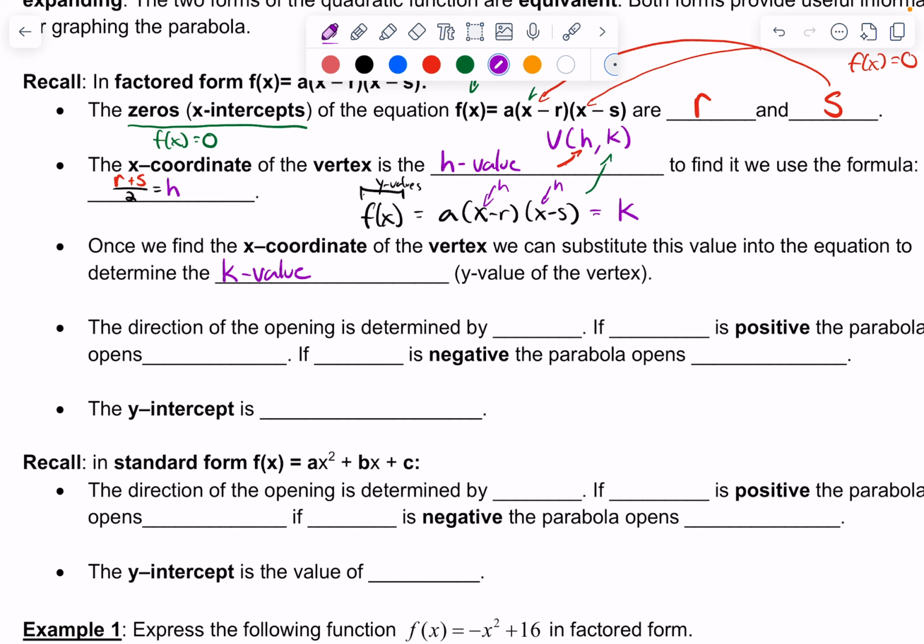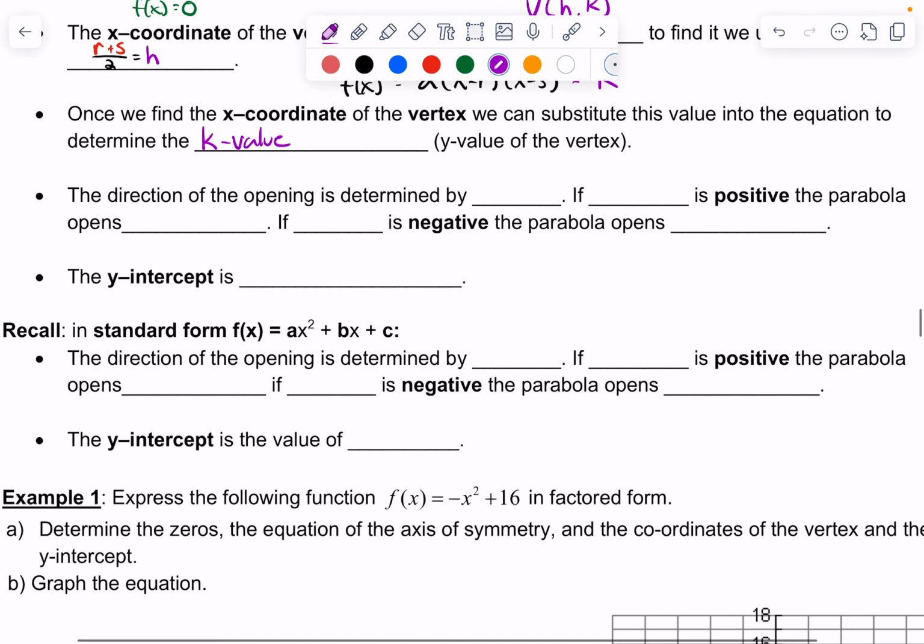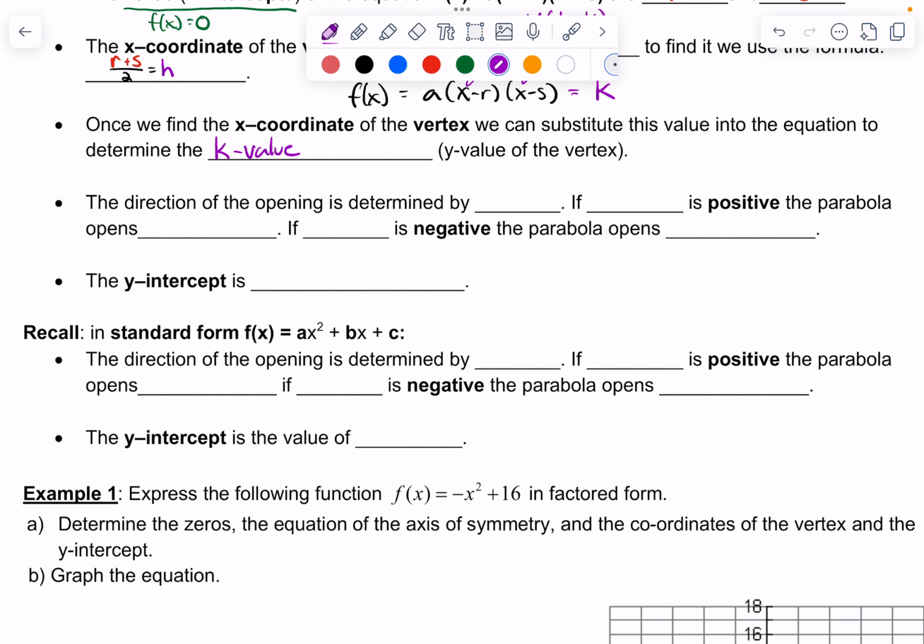And we'll do more problems like that, okay? And if any of this is confusing, we're going to get through some problems and you'll see it again, okay? But right now, let's just keep going through the chart.